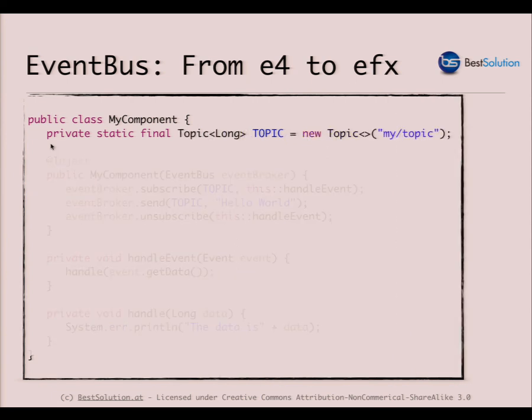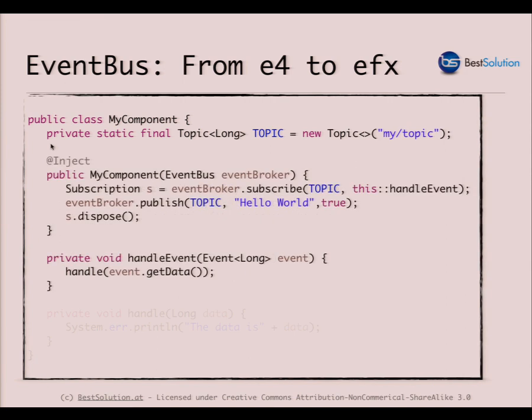So we replace that with a placeholder topic, and this guy is typed. That's important. So when I try to write code like this for publishing, the compiler will step in and say, man, you are trying to send out a string, but the type system tells me this has to be a long, so you get a compile error when you send out wrong information to the event bus.